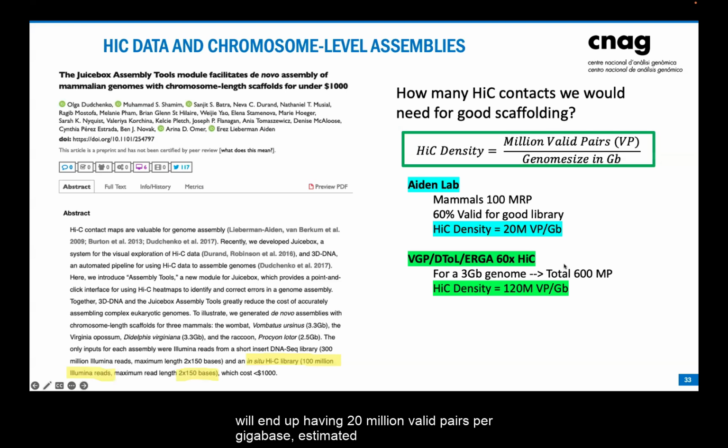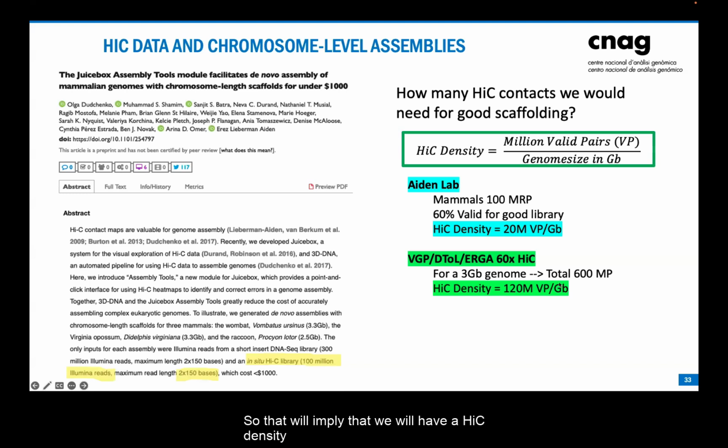For this case, the Aiden lab with 100 million pairs will end up having 20 million valid pairs per gigabase. I think that's too little. But the recipe of the BGE or the Darwin Tree of Life or even the ERGA, well, BGE is 50x. Let's say that you will end up for a 3 gigabase genome with 600 million pairs. If you make the numbers for 150 bases per read, you get this.